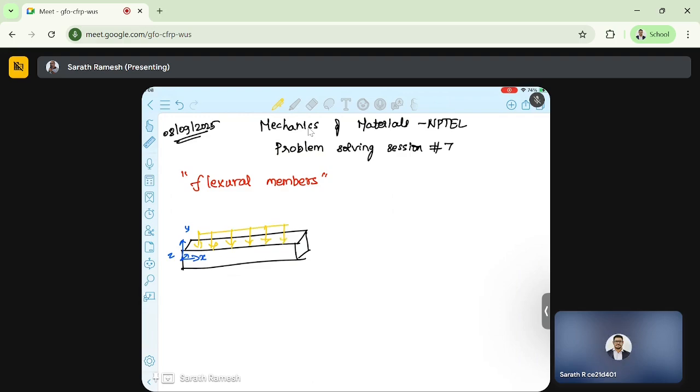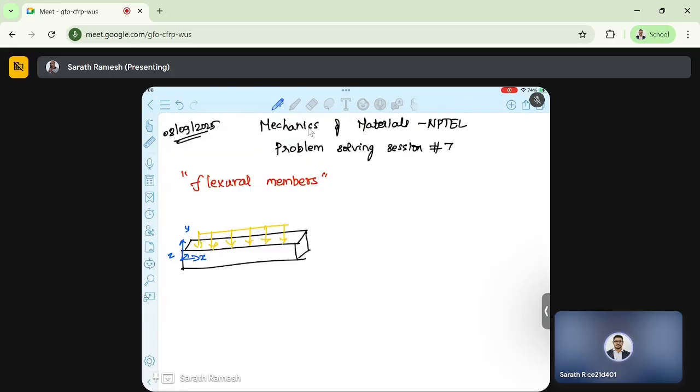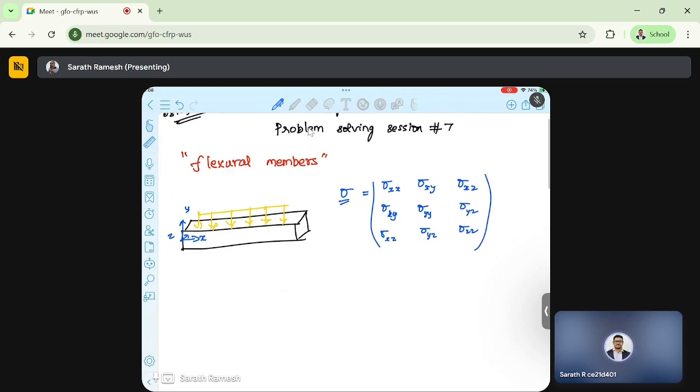I can write my stress tensor as sigma equal to sigma xx, sigma xy, sigma xz; sigma xy (symmetric), sigma yy, sigma yz; sigma xz, sigma yz, sigma zz.